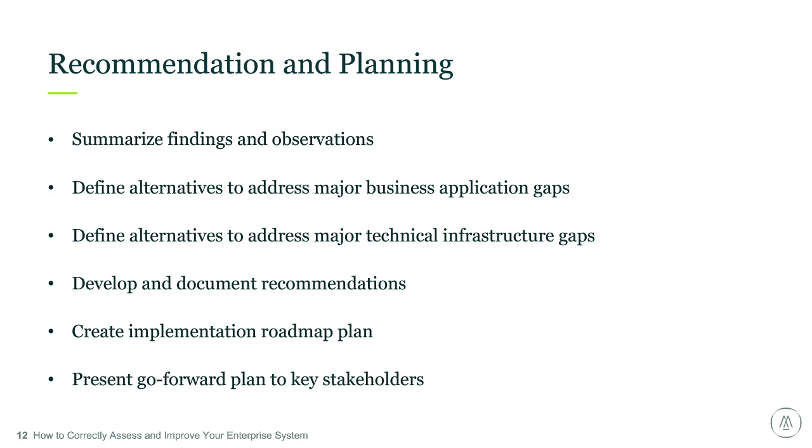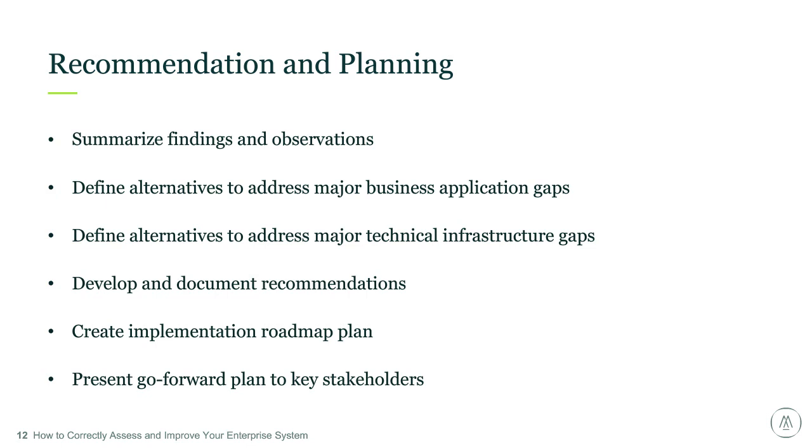Then weigh each solution option carefully and develop your recommendations. You should develop and document your recommendations and make sure that this includes an implementation roadmap plan. The plan should highlight the implementation timeline, cost estimate, as well as the risks and assumptions in the roadmap plan.